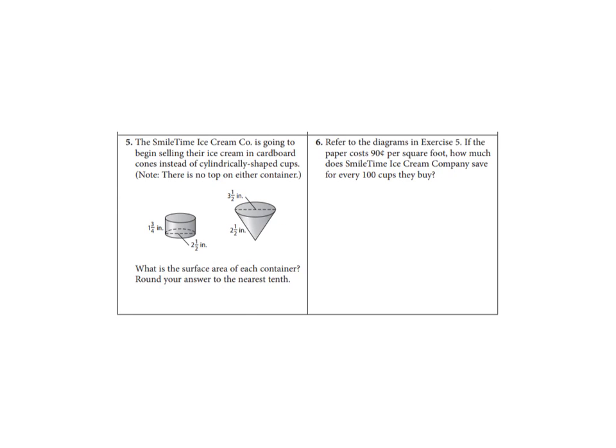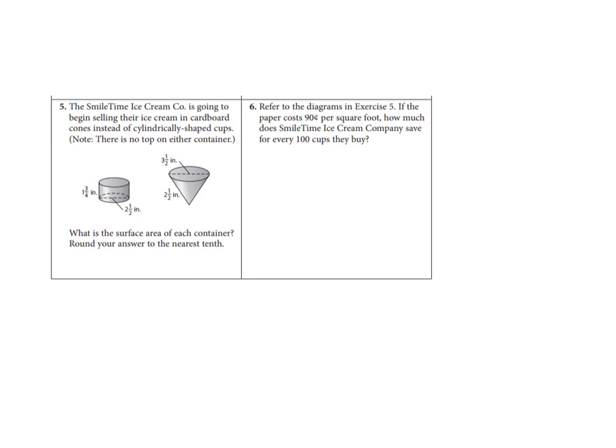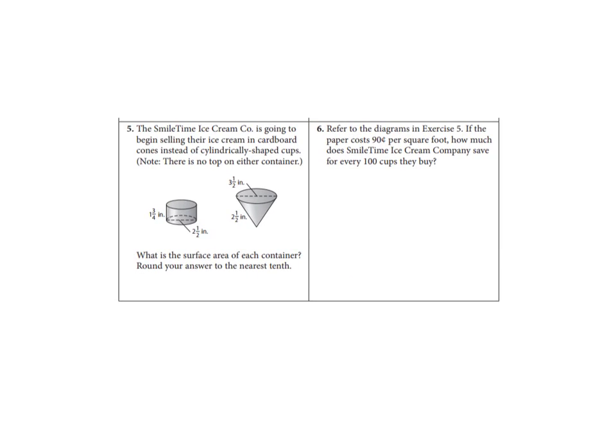Here we go. Smile Time Ice Cream Company sells their ice cream in cones instead of cylindrically shaped cups. Surface area of each container. No top on either container. It's nice of them to say that. Here we have the surface area of the cylinder and the surface area of the cone.